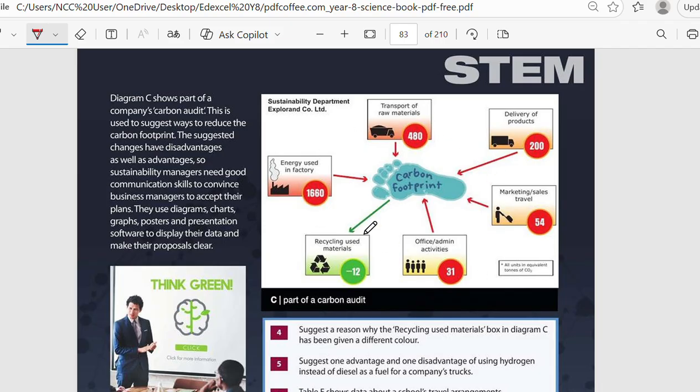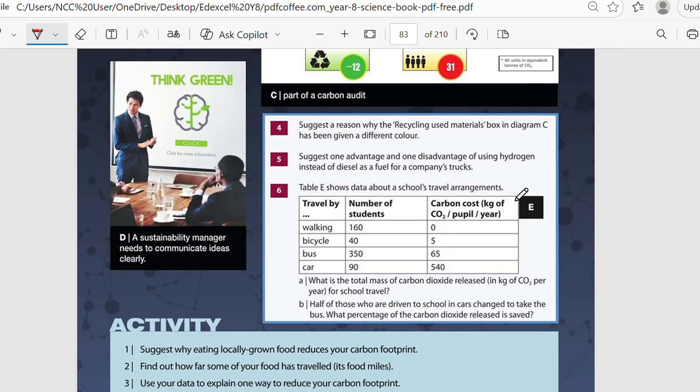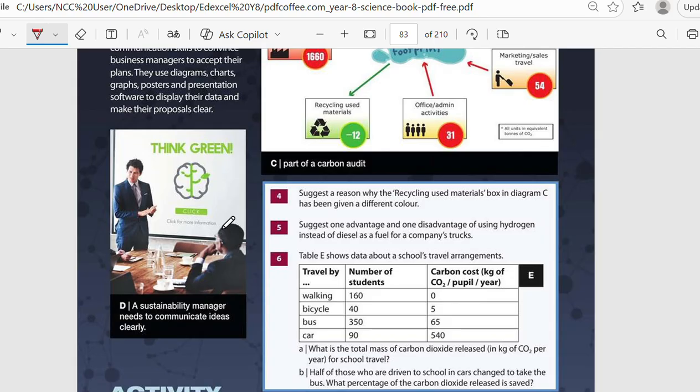So this much of tons are released. And then recycling used materials is reducing the carbon footprint by 12 tons. Can you see? Yes. So this is a good thing. These things are not that good. Right. So you can see here how a sustainability manager is trying to communicate clearly and tell his ideas.